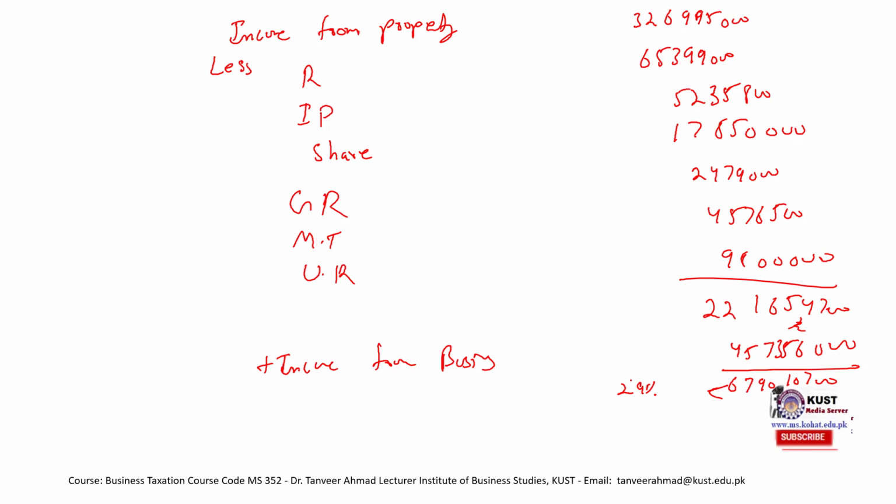That would be our tax. So this 29% turns out to be, so our tax is 1969 13103.